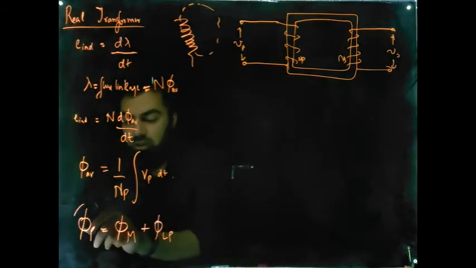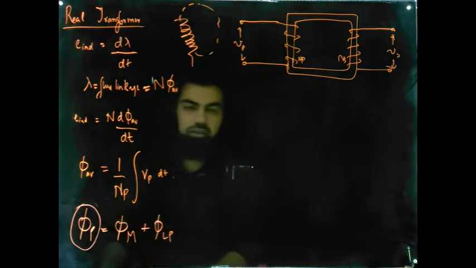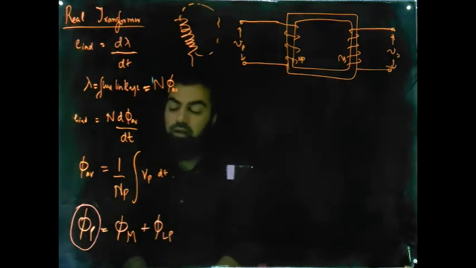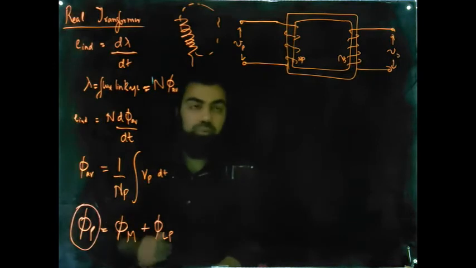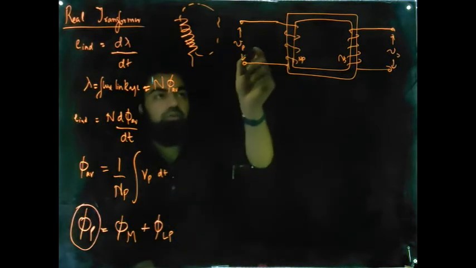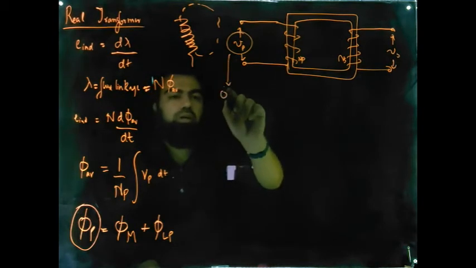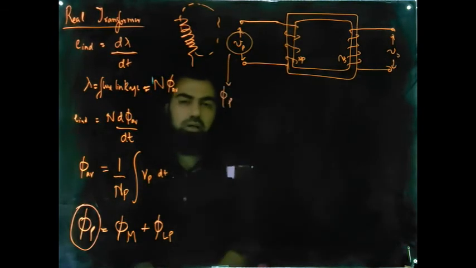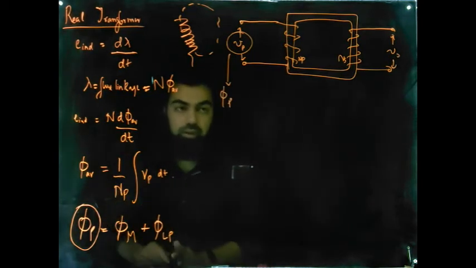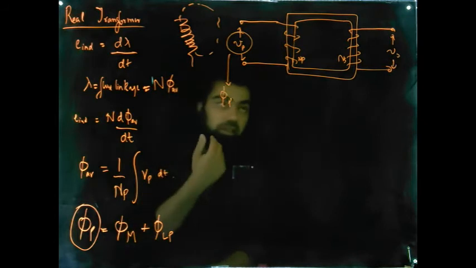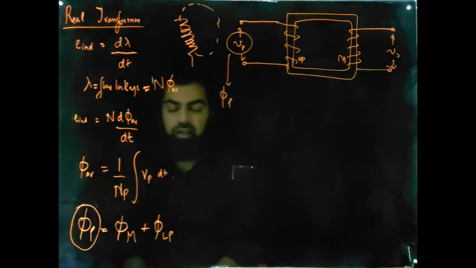So this is the primary flux, that is the flux that is developed in the primary winding, generated by this voltage Vp. Fine, so this Vp basically produces flux in this machine equal to phi p. Now this phi p is not exactly linked with the primary winding.